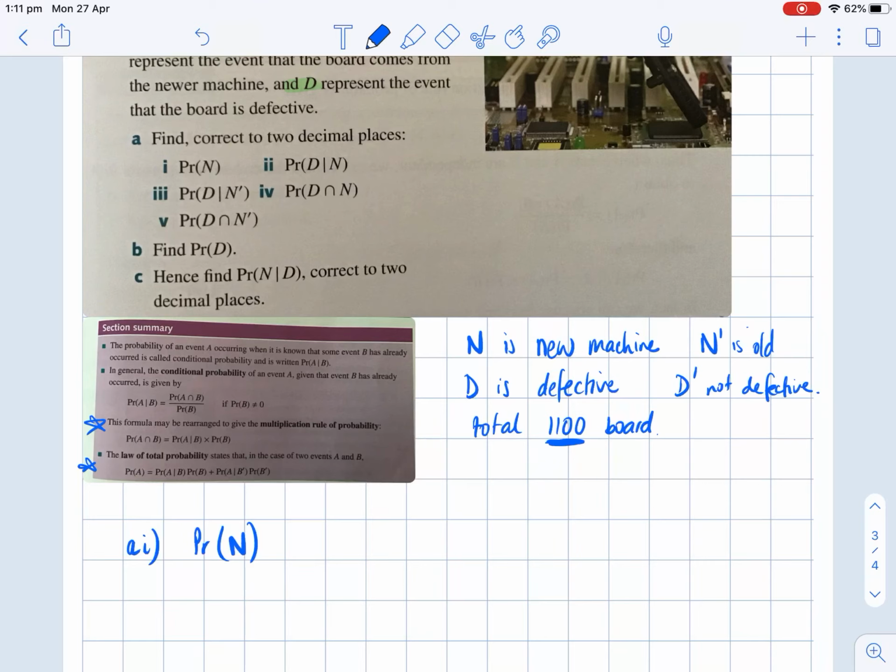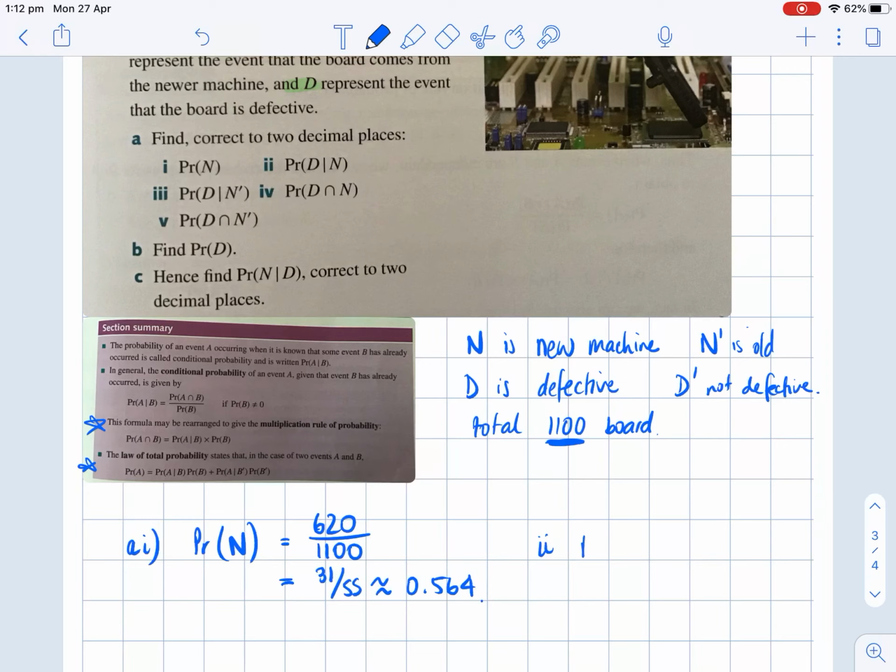Well, we know that there's 1,100 boards, and the new machine produces 620 of those 1,100. So I get the probability of 31 on 55 when I simplify that, which is roughly, I did this on my calculator, 0.564.